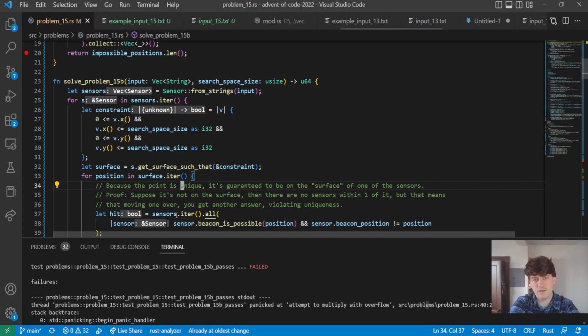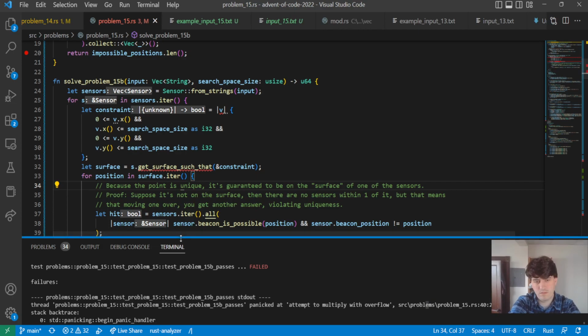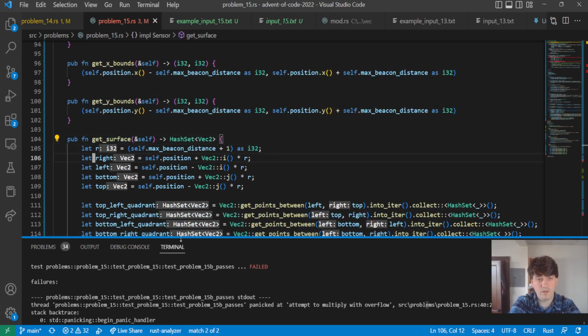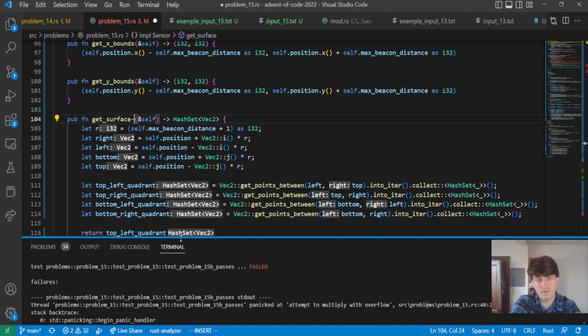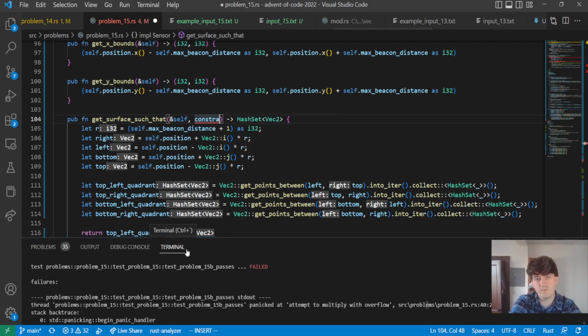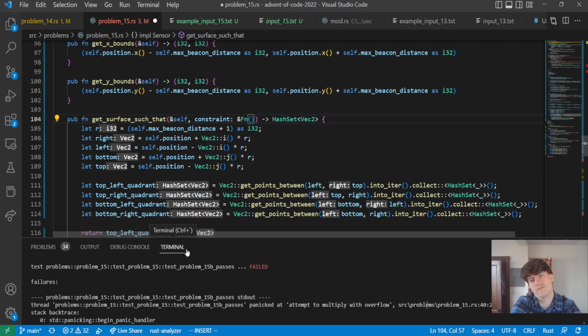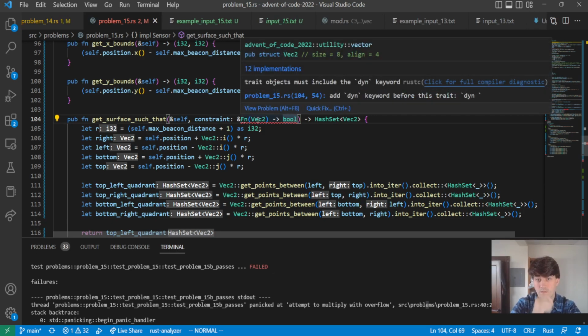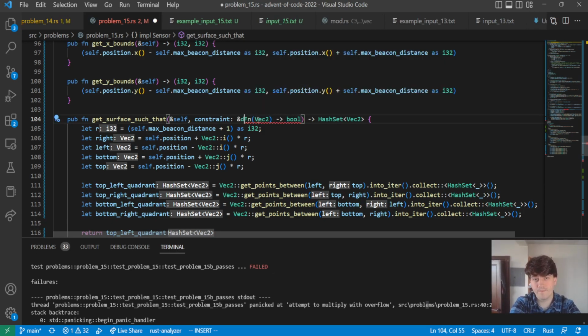Whoa. We will call get surface such that, and it will have a constraint which will be a reference to a function from vec2 to bool. And we will have get points between.